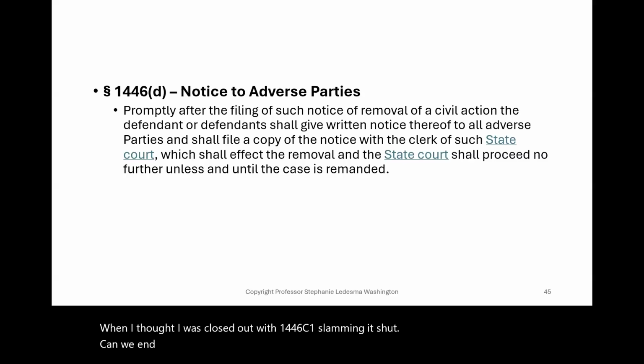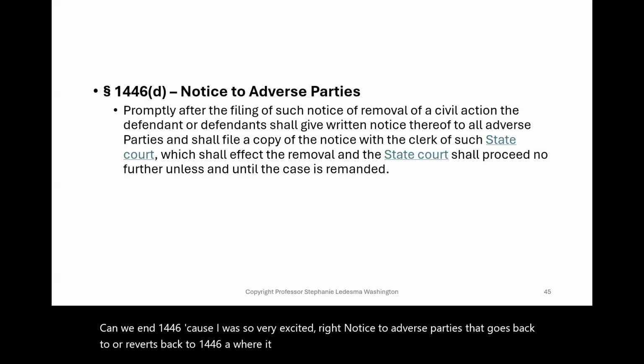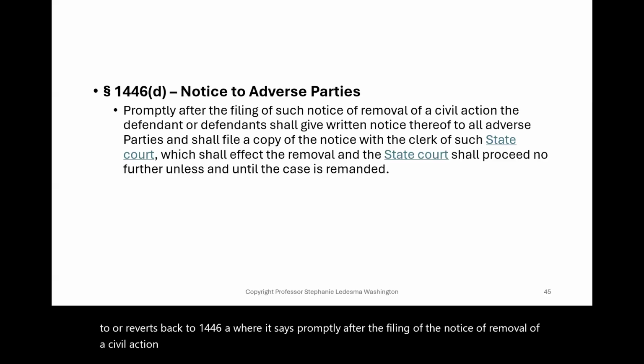Can we end 1446? Because I was so very excited, right? Notice to adverse parties, that reverts back to 1446(a), where it says promptly after the filing of the notice of removal of a civil action, the defendant or defendants shall give written notice thereof to all adverse parties and shall file a copy with the notice with the clerk, right?